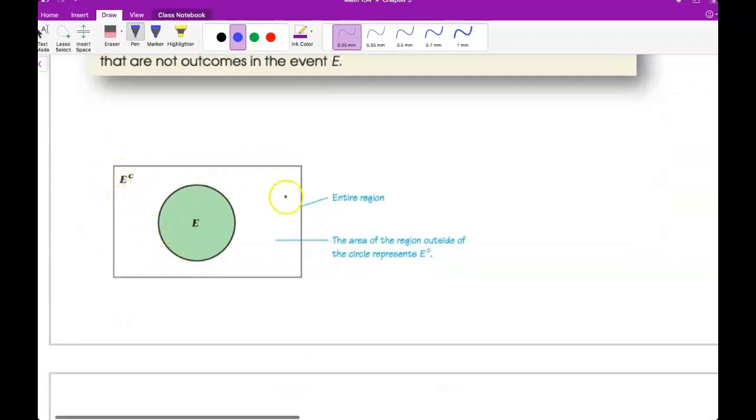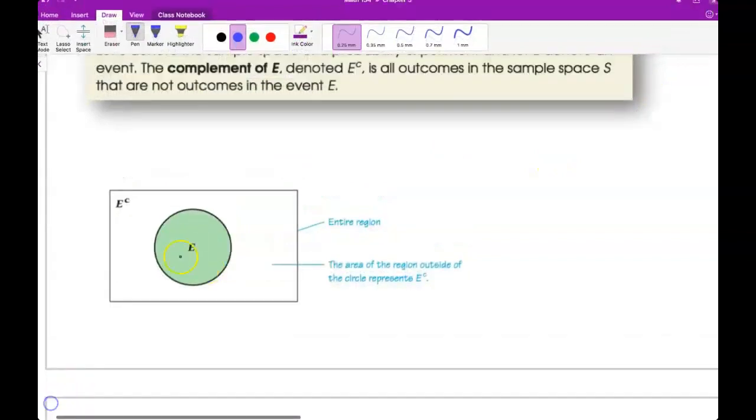So here this rectangle is our sample space. Here is our event E. Here on this event E, for example, I have even numbers. And what I have here in this rectangle, we have all numbers, all natural numbers, for example.